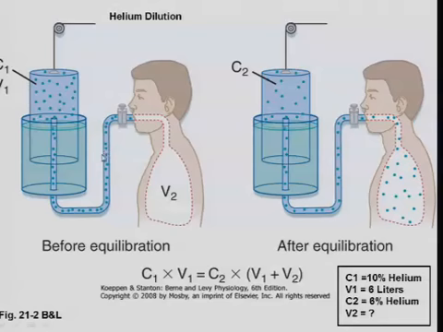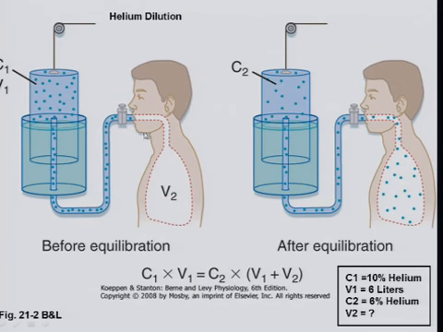So what we're going to do is mix this known concentration of helium with our volume in our lungs that has no helium. So as we now open this valve and breathe and let it go to equilibrium, we can do a calculation using this formula, very straightforward, to recalculate this volume. So the dilution of this concentration in this volume will give us this volume.